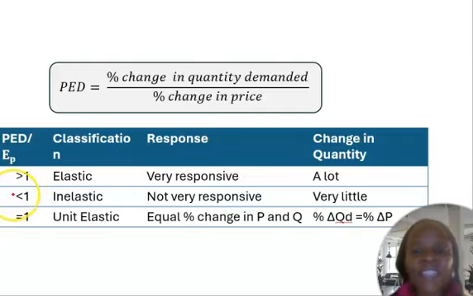And if it is less than 1, we say it is inelastic, it's not very responsive, and the change in quantity is not as much. If it is equal to 1, we say it's unit elastic, that is, the percentage change in quantity demanded equals the percentage change in price. Let us look at our first example.